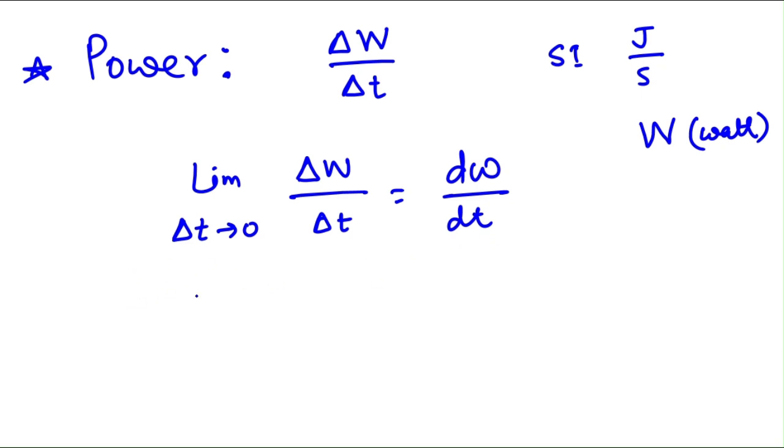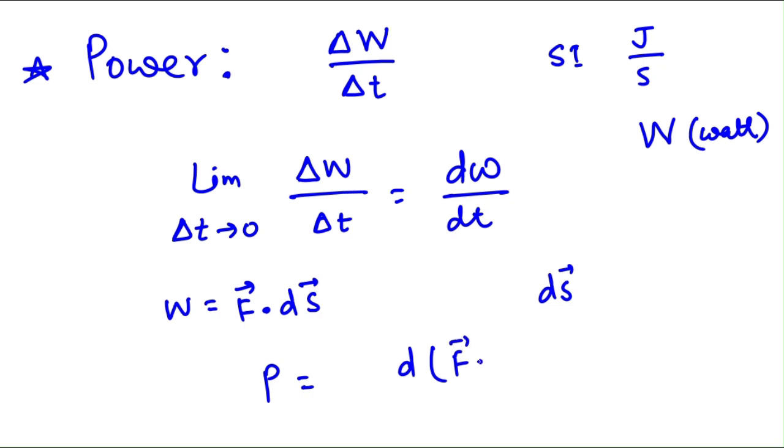Further, we can write this work done as F dot ds, where ds is an infinitesimal change in position, a very, very small displacement. And then you can write power equals d(F dot ds) by dt.